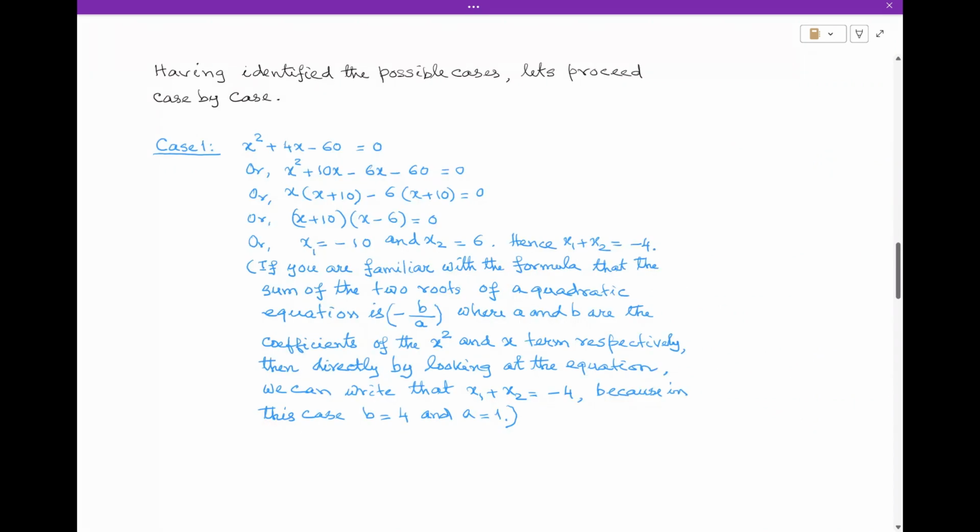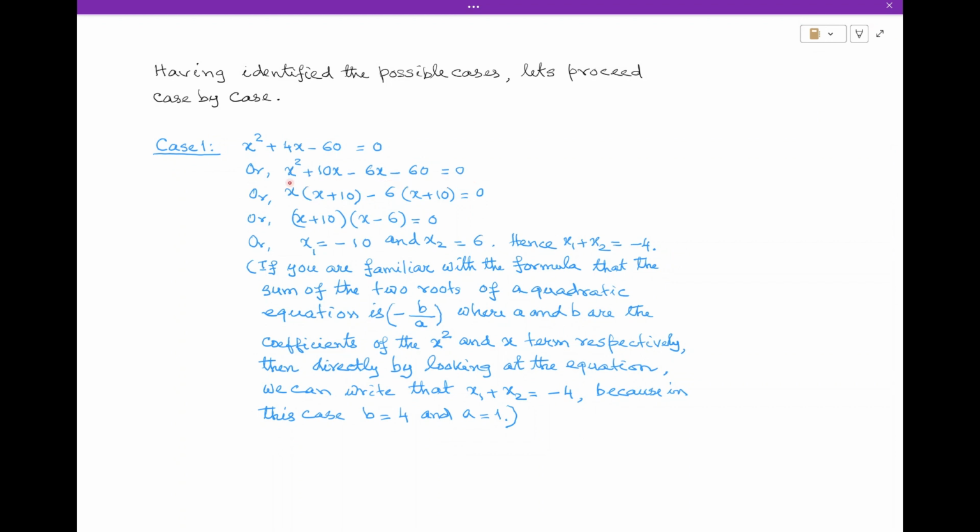Having identified the possible cases, let us proceed case by case. Case number 1, where x² + 4x − 60 is equal to 0, we can factorize this by writing 4x as 10x − 6x. Therefore, the equation becomes x² + 10x − 6x − 60 = 0.